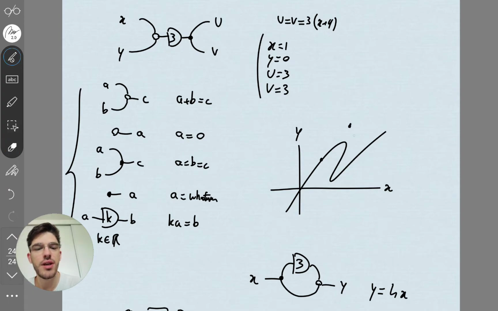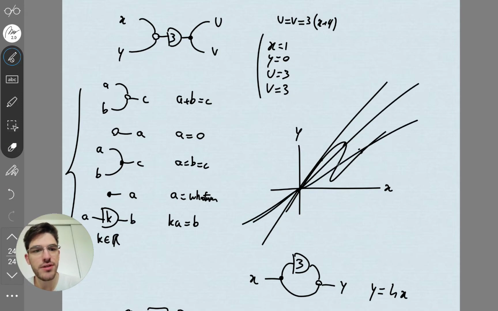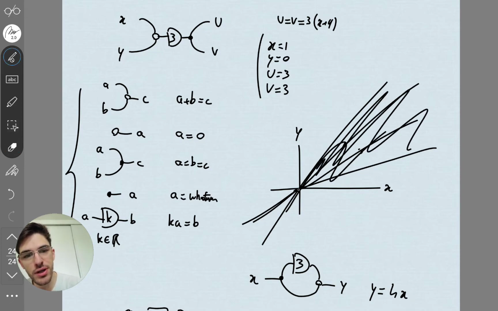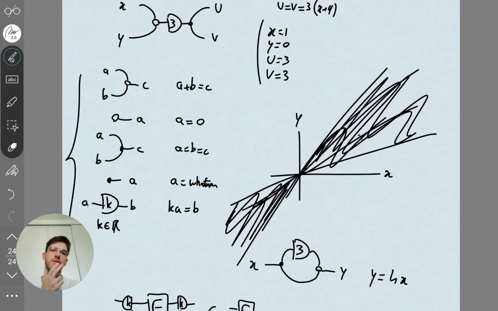So if I wanted this to be a linear set, then I need to include also all the scaled versions of this one, and also of this one. So that scales that way, and also of this one. So that scales that way. So actually the set would be more like this whole cone. If you take this whole cone, that is closed under scaling. It's still not quite linear, or what we mean by linear.